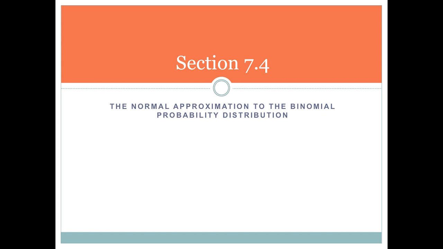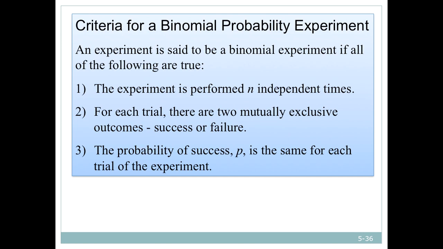Now, section 7.4, this one's kind of a tricky one. It's the normal approximation to the binomial probability distribution. Sounds a little confusing, not quite as confusing as it sounds, but I just want to go back and review the criteria for a binomial probability experiment.